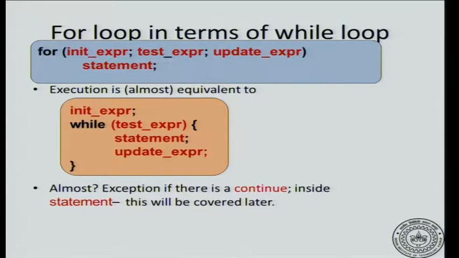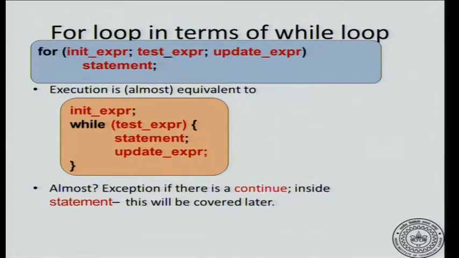So, if you have a for loop, you can write the equivalent code using a while loop. Or if you have a while loop, you can write an equivalent for loop by looking at this form and how it is translated to the corresponding for loop.